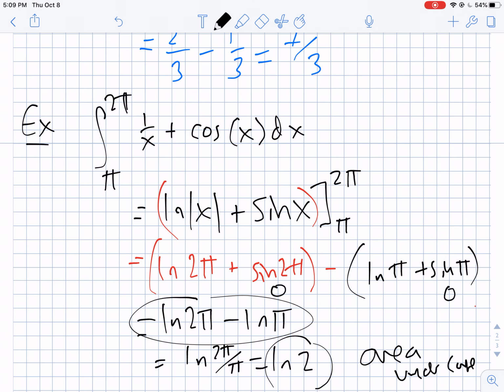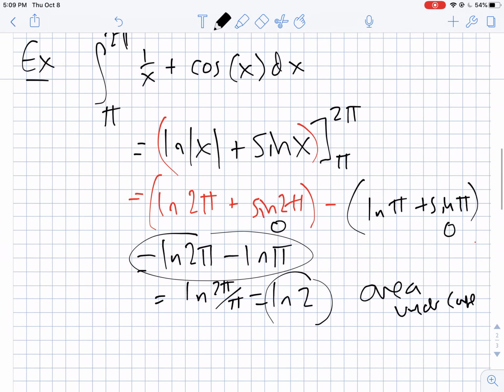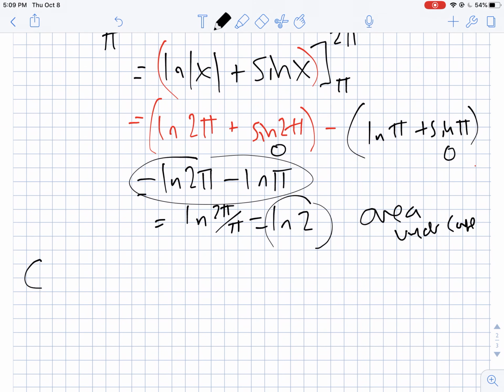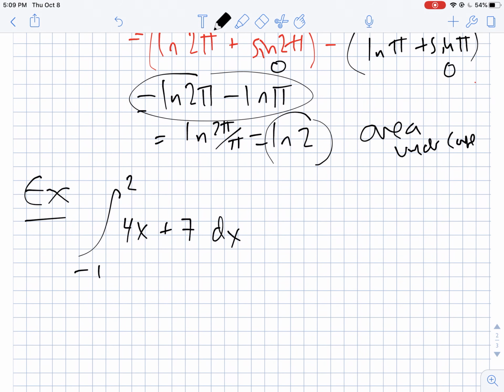This is such a big fundamental idea that I want us to really focus on it for this video. Let me show you one more, and maybe you can pause this and try to work it out on your own. What if we integrate 4x plus 7 going from -1 to 2? All right, you can pause and work that out. We'll get 2x squared plus 7x going from -1 to 2.